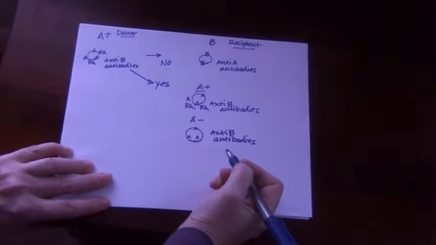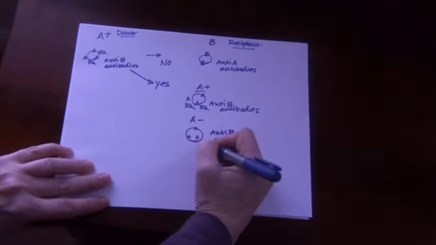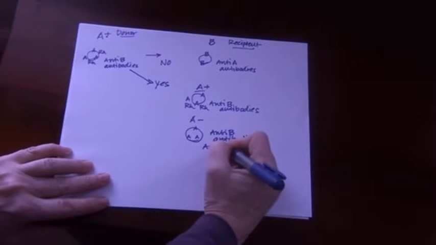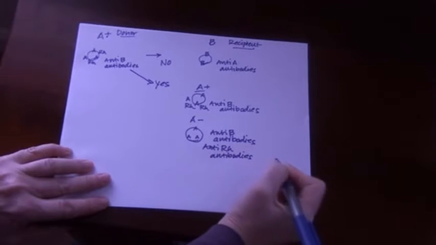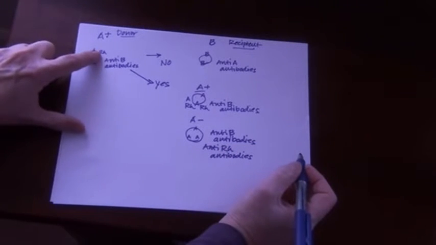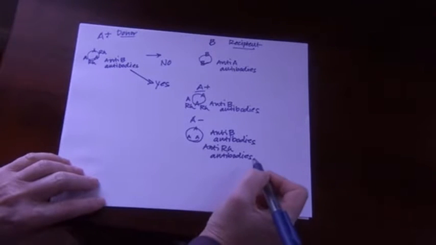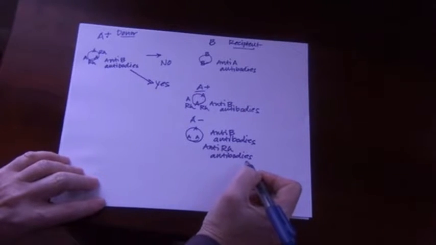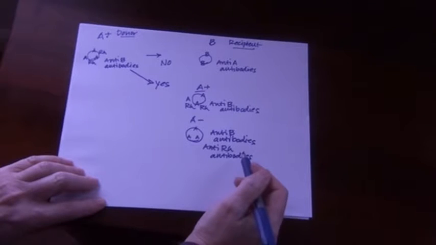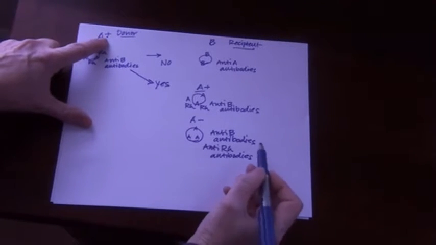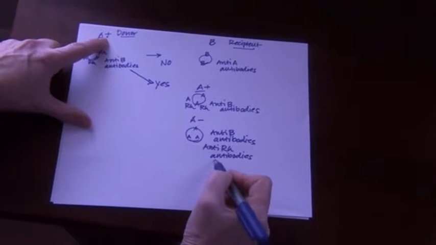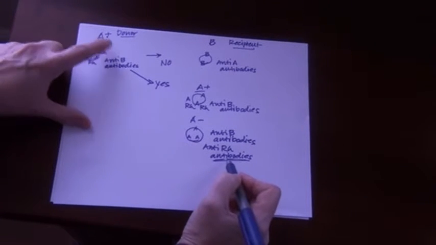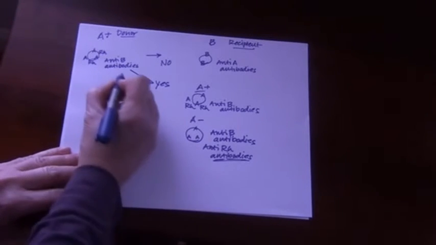And we need to assume that it also has anti-Rh antibodies, because once it's exposed to blood with the Rh factor, it's going to develop those antibodies and create a reaction. So type A positive blood cannot donate to A negative blood because of these anti-Rh antibodies. They're going to react with the Rh factor here. So this is a no.